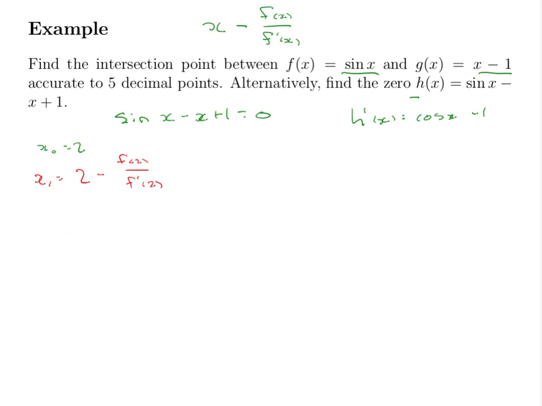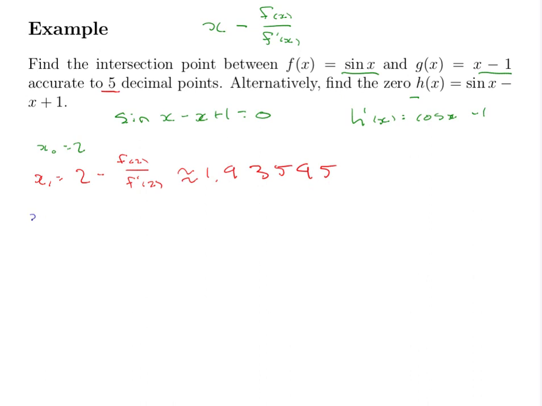So this is 2 minus, in parentheses, sine of 2 minus 2 plus 1, over, in parentheses as well, cosine of 2 minus 1. And that gives me 1.93595. And since we want to go to 5 decimal points, that's where I'll leave it.